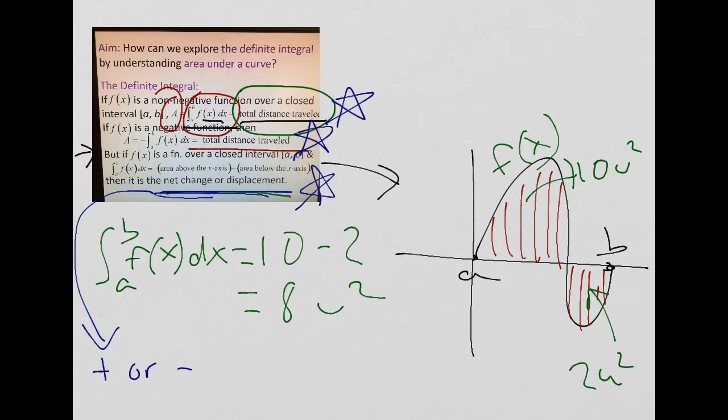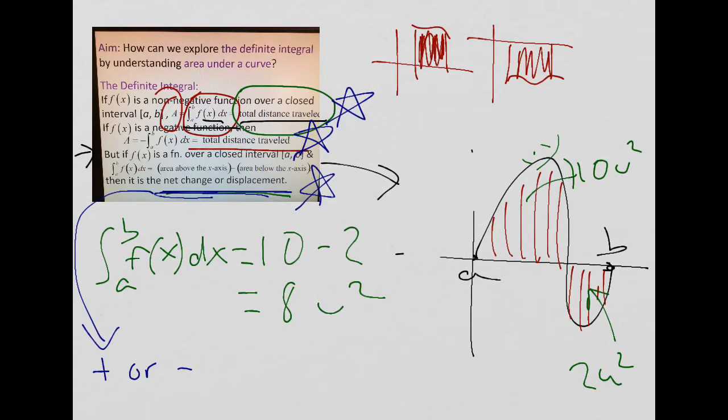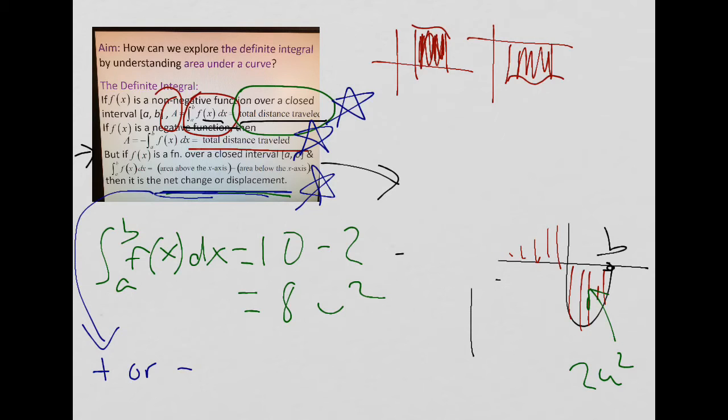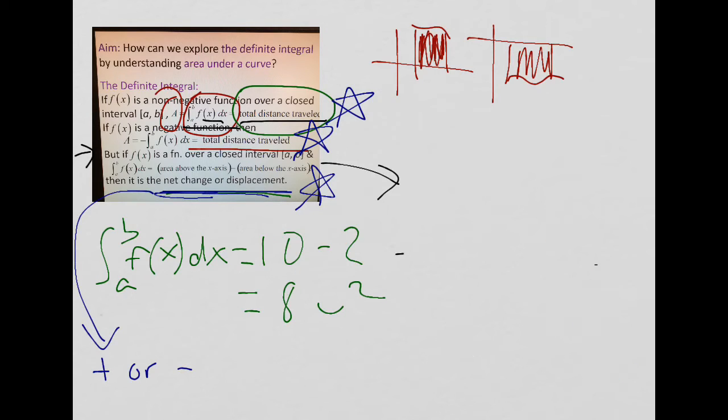There's one other thing I want to go over. We went over area under a curve for a positive function, and for a negative function. Now let's say we have a function like I just went over, where one piece is above the x-axis and one piece is below.